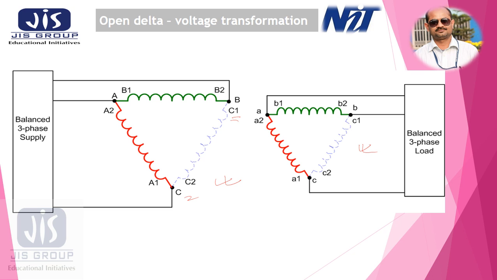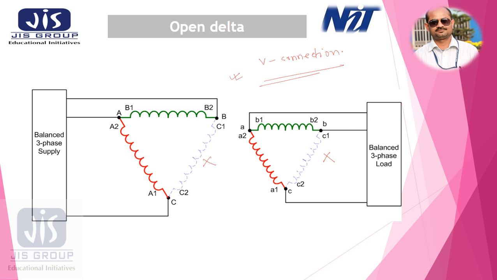And if you note, the direction of current in the primary and its corresponding coil in the secondary is opposite.